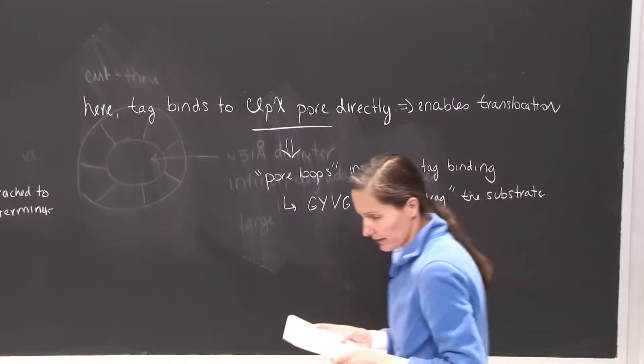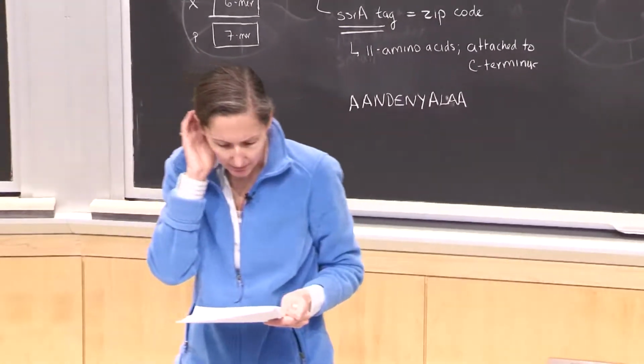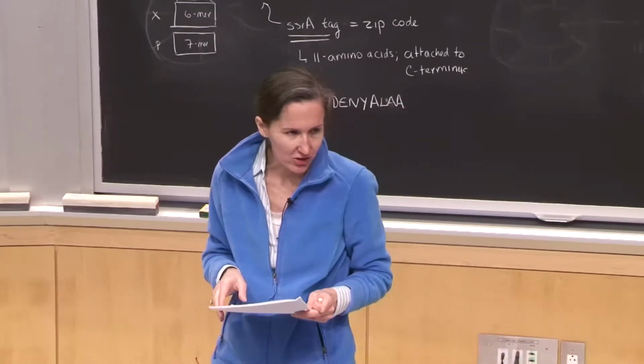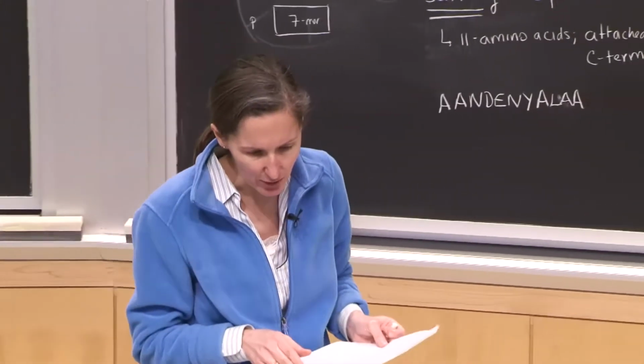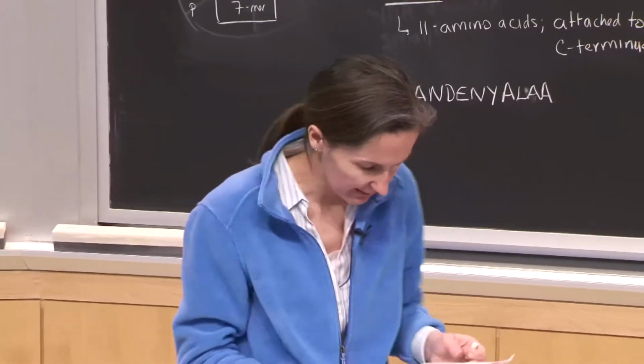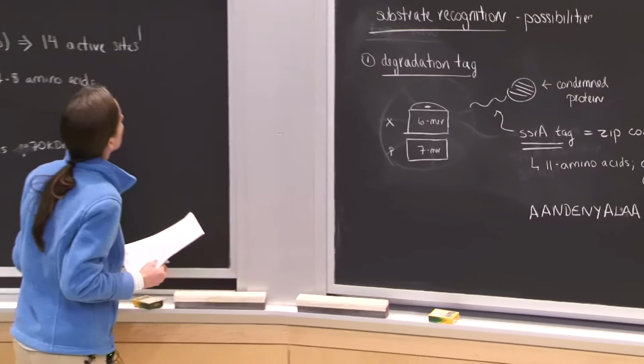Of course, it's not gripping like we would, but there's some interaction happening that allows that to occur. So you'll see there's a lot of mechanical type cartoons and language used in describing these machines. Okay, so what is another possibility?